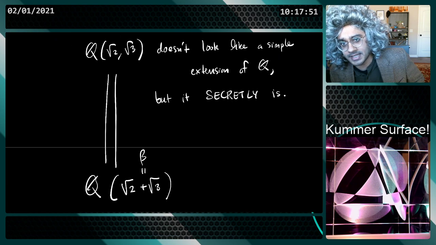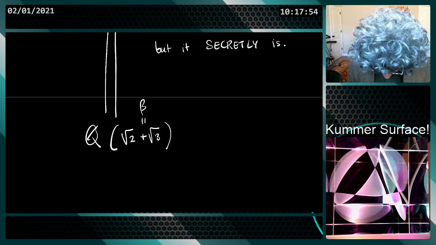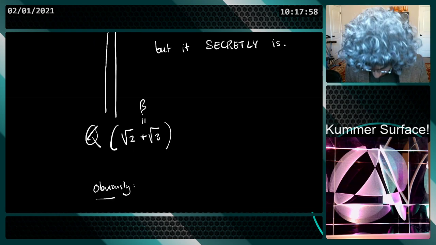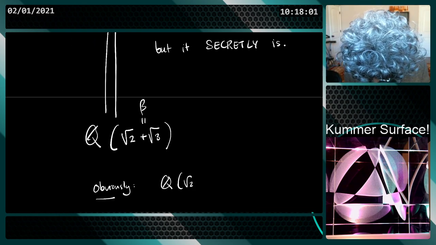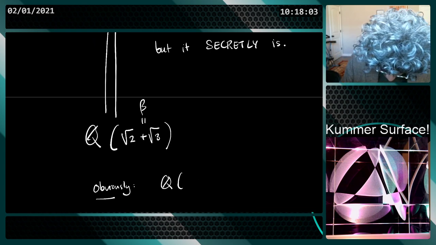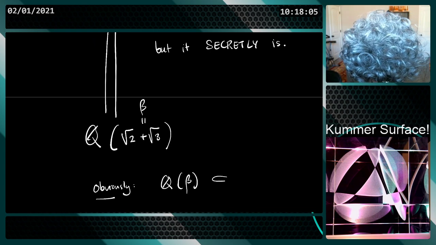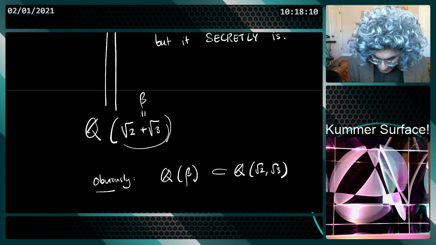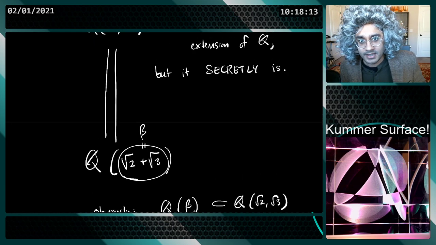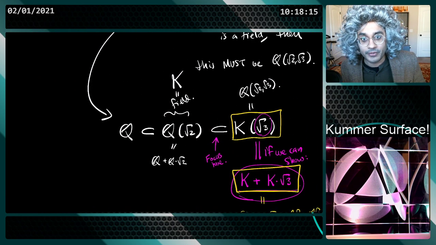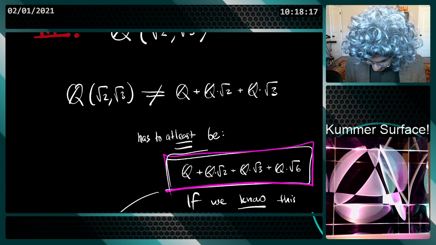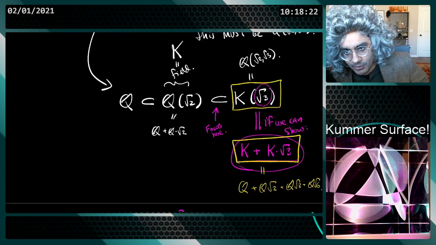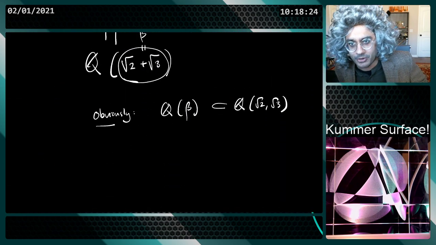Notice there's an obvious inclusion one way. Obviously, that's because this element is already in this set, right? We know what the field looks like now. It's just this. Okay, obviously, I took an element in there and I generated by that.